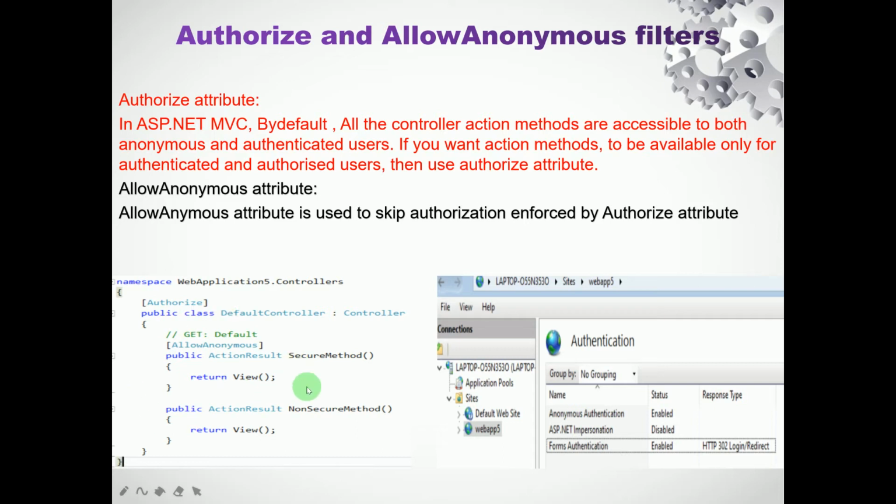If the authorize attribute is given, you can still allow the method using the allow anonymous filter. In ASP.NET MVC, by default all the controller action methods are accessible to both anonymous and authenticated users.